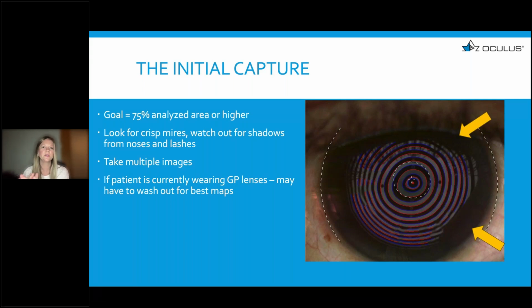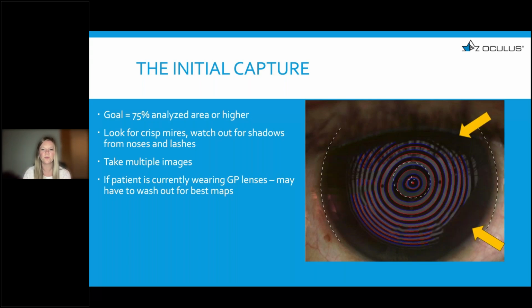Maybe it's not as important to get that really great image if you're just doing a baseline topography for documentation. But if I'm going to be using an initial capture for a Wave lens, I want the best topography out there, okay? So multiple images, that way I can look and pick the exact one I want.